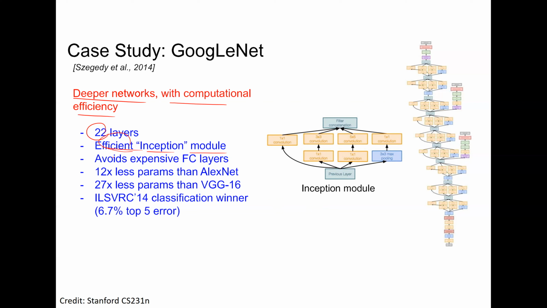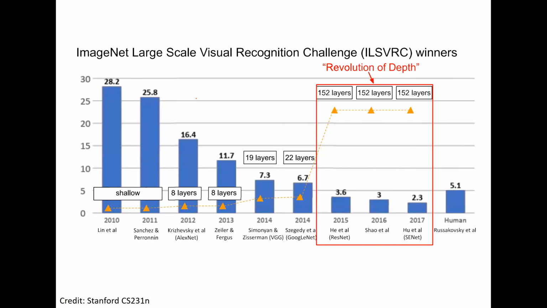What does it mean by efficient? It avoids expensive FC layers. And another big event happened in 2015 in the Computer Vision society. This is called the Revolution of Depth. Before 2015, the deepest network was like 22 layers.